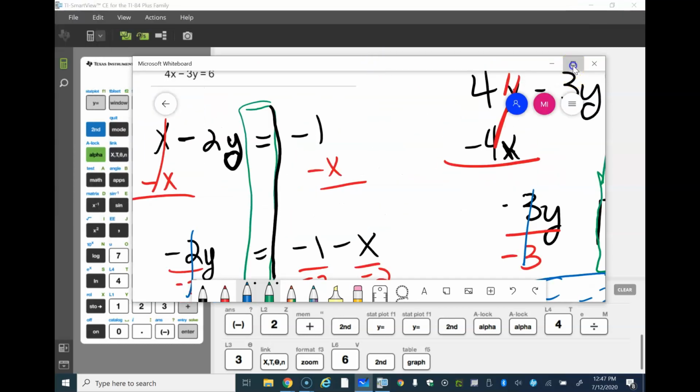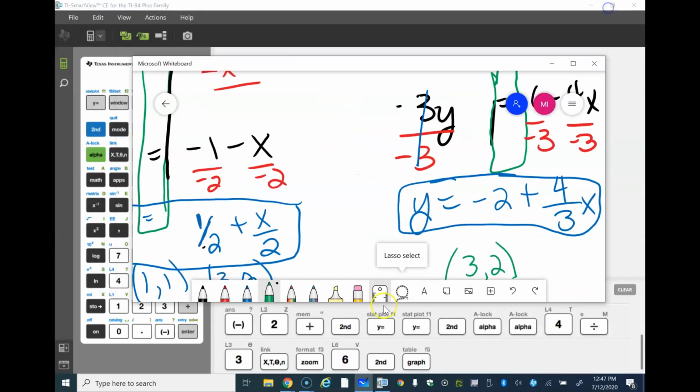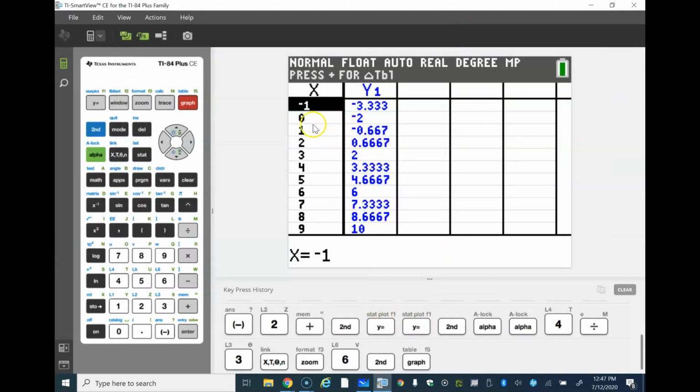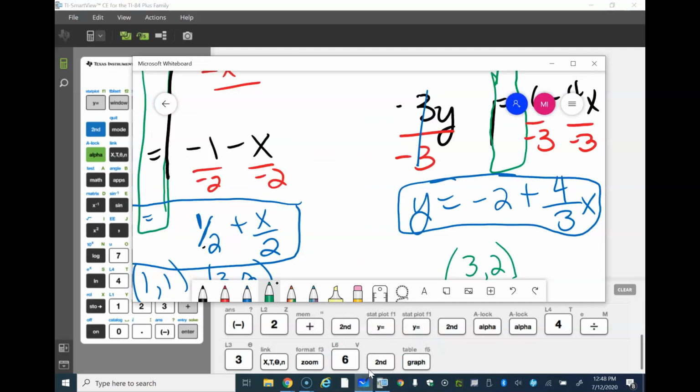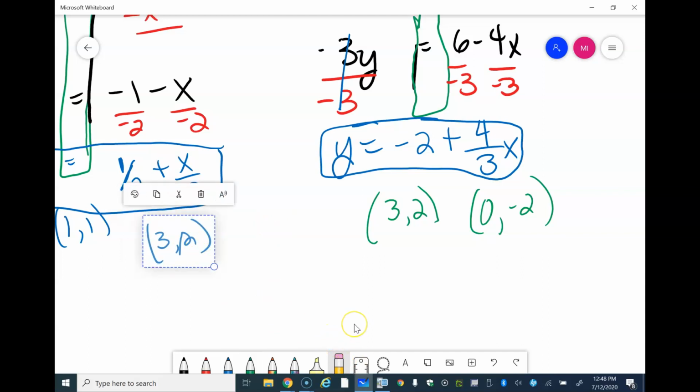So let's write those down. 3 and 2, and 1 and 1, and 0 and -2. So these are the four ordered pairs that we're going to take to MyMathLab+ to graph both of the lines together.